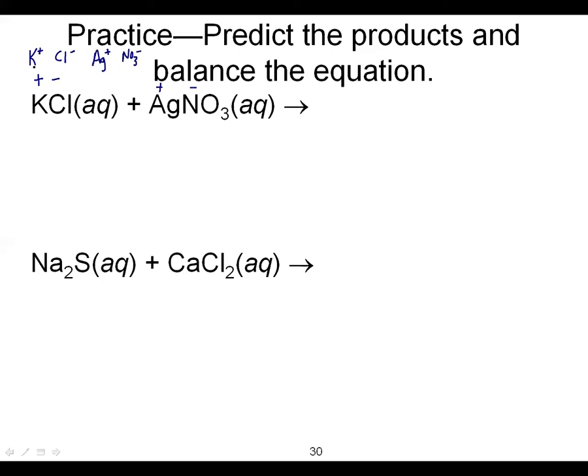Because this is a double displacement reaction, we swap partners between the positive ions, and we write the correct formulas on the right-hand side.